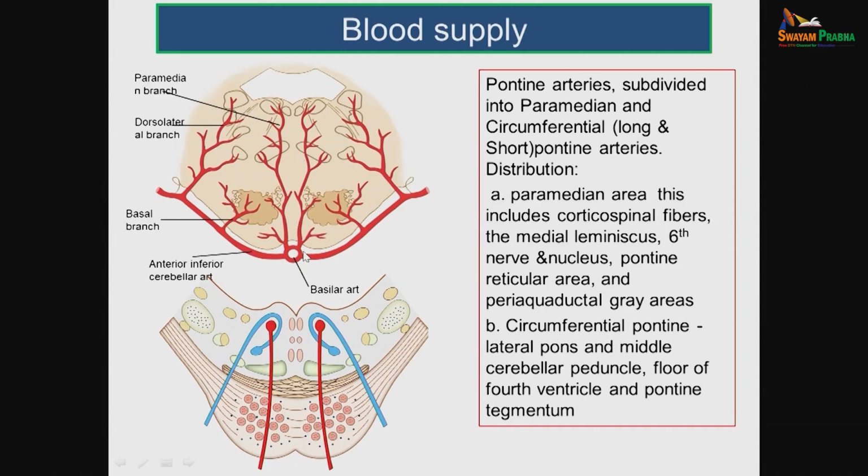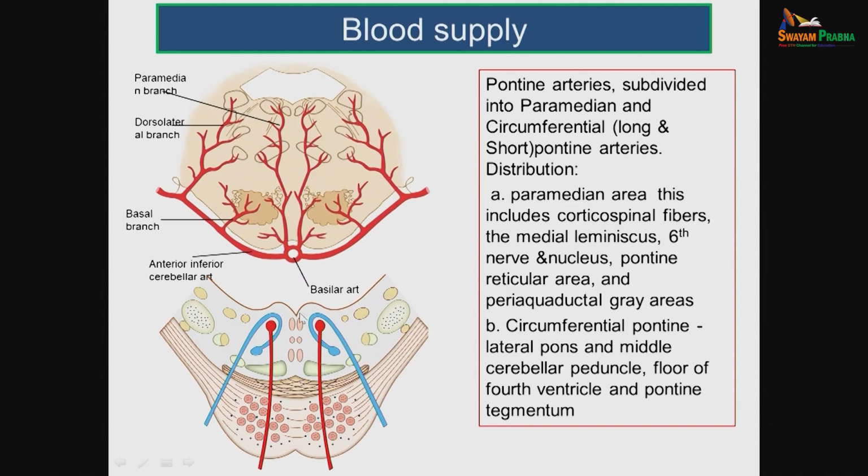Then we have another branch called the circumferential branches. Circumferential means it winds around the pons. Again, we have long as well as short circumferential branches. These circumferential branches supply the lateral pons, then the middle cerebellar peduncle, the floor of the fourth ventricle and the lateral part of the tegmentum of the pons.